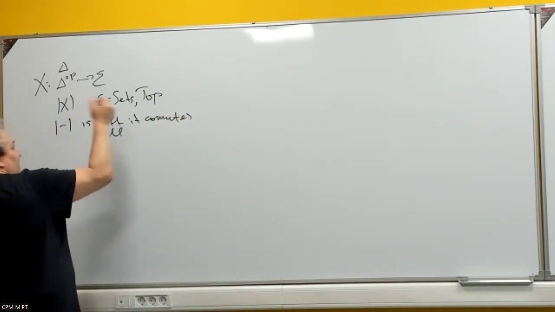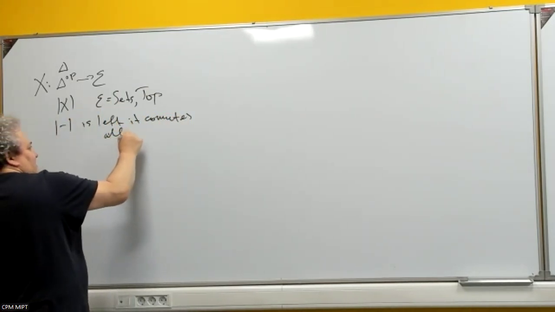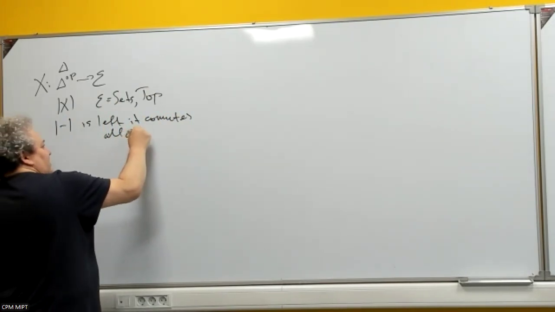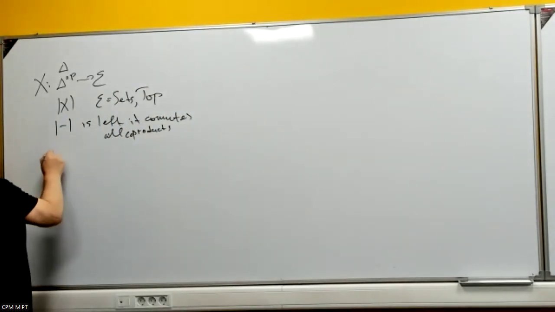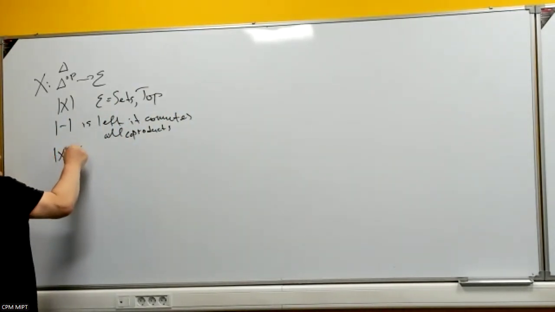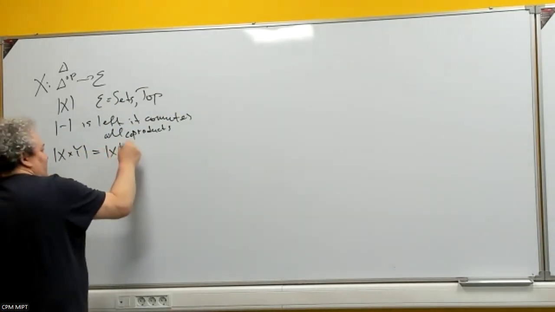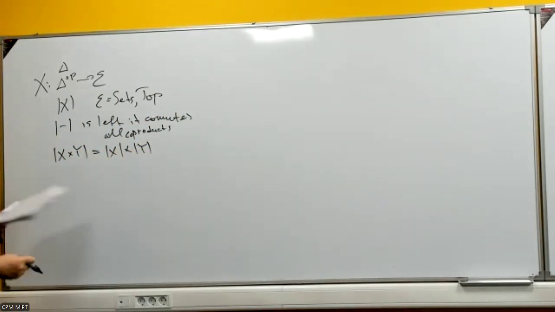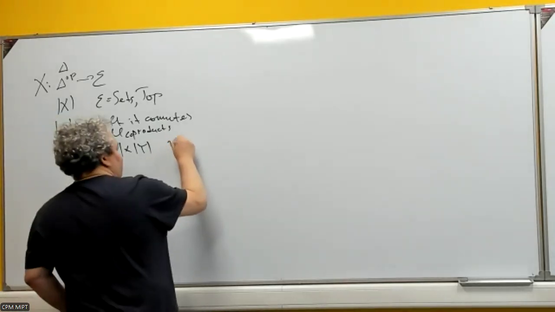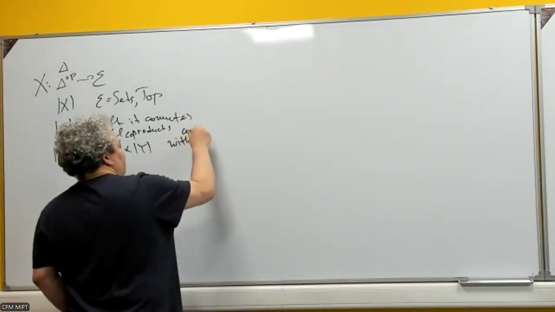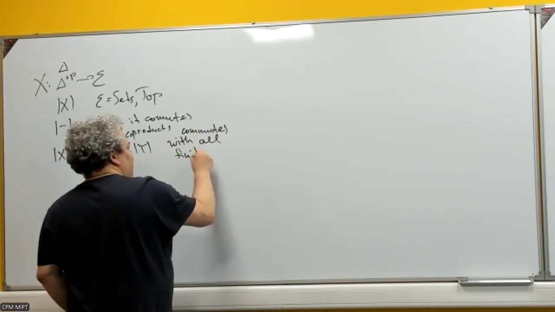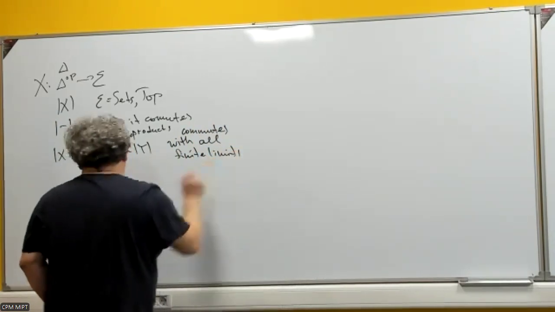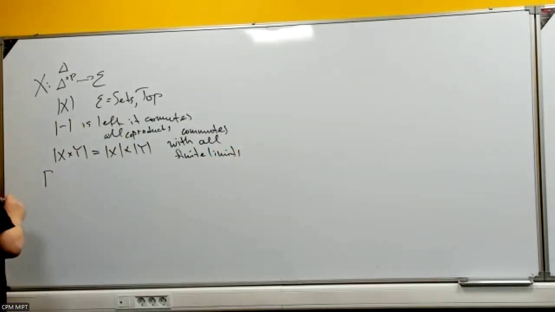I also just mentioned that the realization of a product is the product of realizations, and moreover, realization commutes with all finite limits.